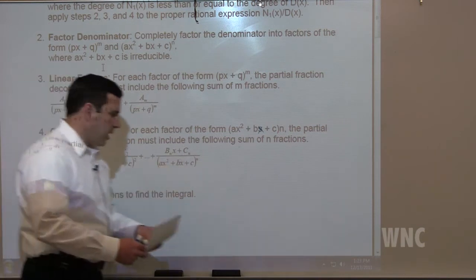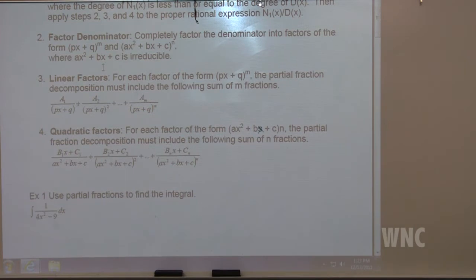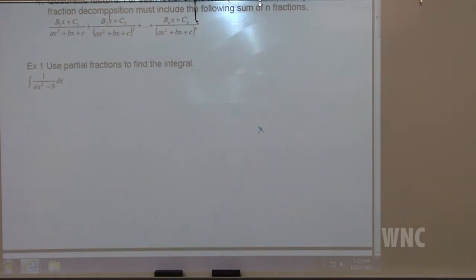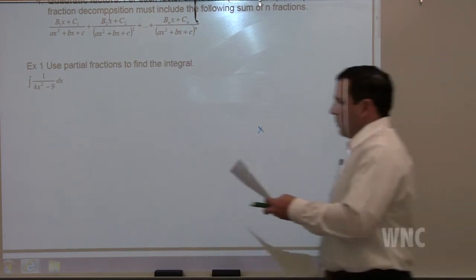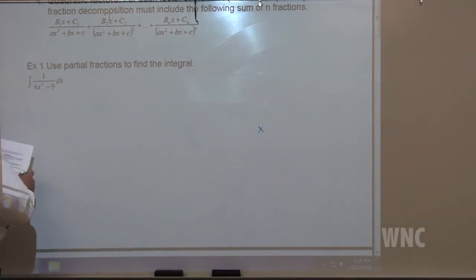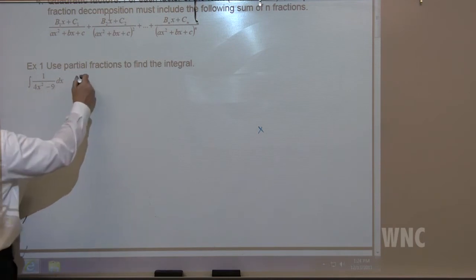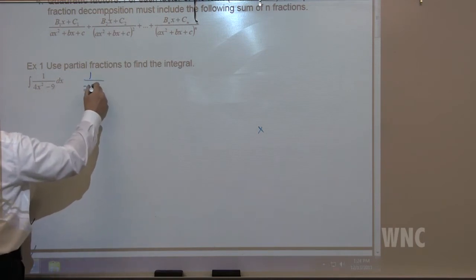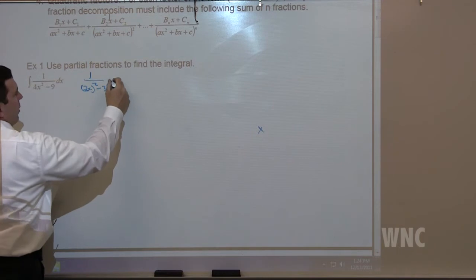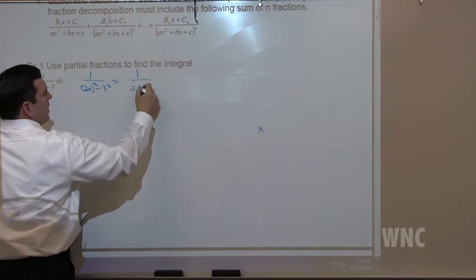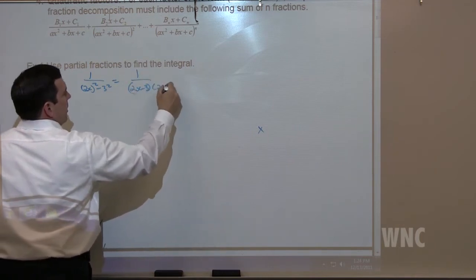Okay, so use partial fractions to find the integral. Now 1 over 4x^2 minus 9, think of that as 1 over (2x)^2 minus 3^2, or 1 over (2x minus 3) times (2x plus 3).